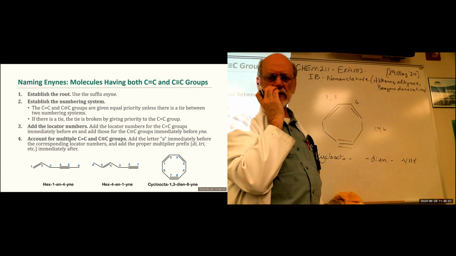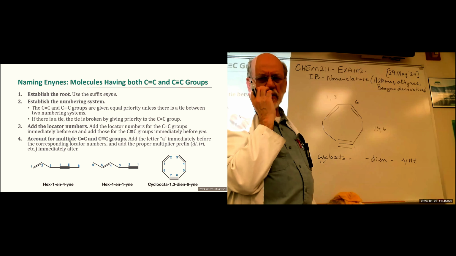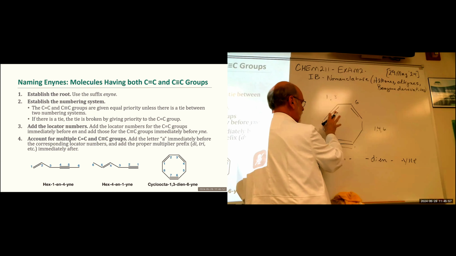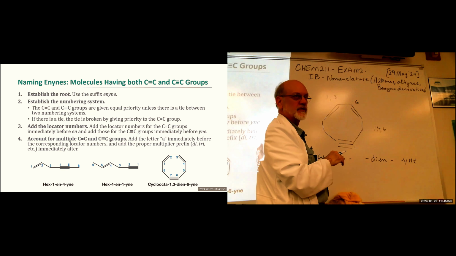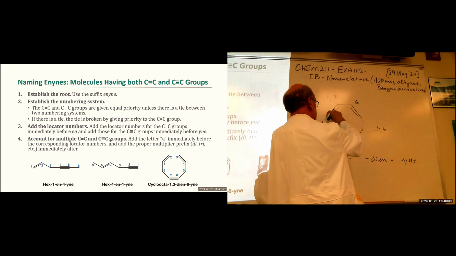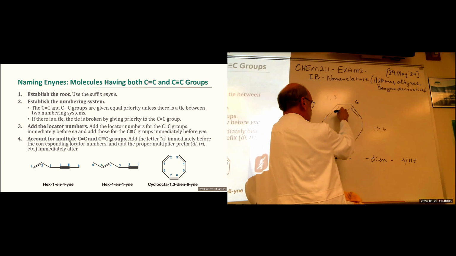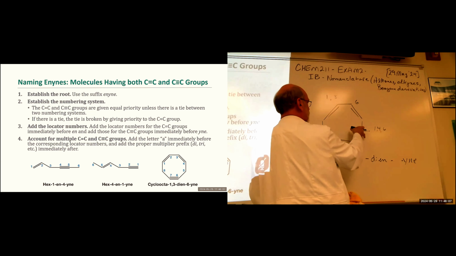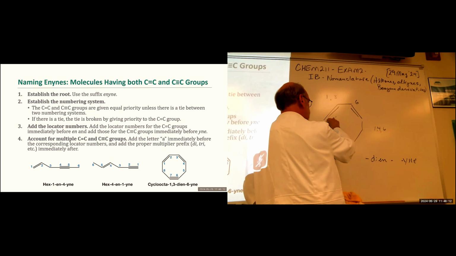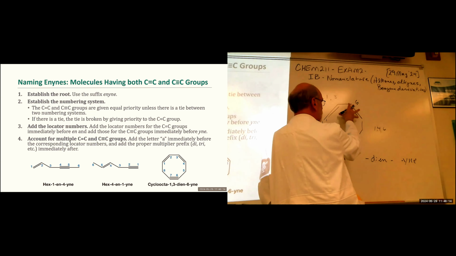I think whichever way we choose, the dienes have to be together with the smallest numbering system. So we either have to start from here and go that way or start from here and go that way. If we start from here and go this way, we separate the enes in their numbering. But if we go from here and that way, we get both of them together.